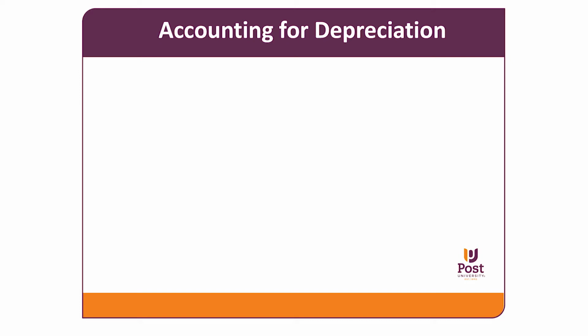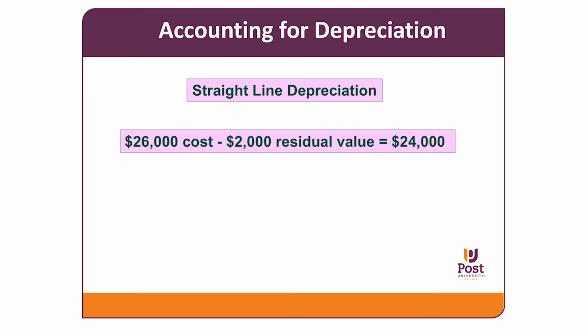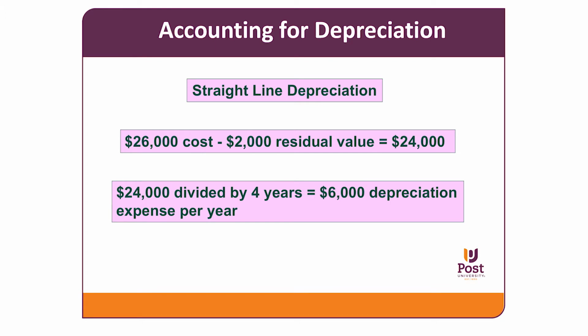In regard to depreciation, as I mentioned, there are several ways to do the computation. In this course, we will use the simplest, straight line depreciation. After 4 years, we want to be left with the residual value of $2,000. That means that we need to move $24,000 of the cost, $26,000 minus $2,000, into expense. $24,000 divided by 4 years equals $6,000 depreciation expense per year.